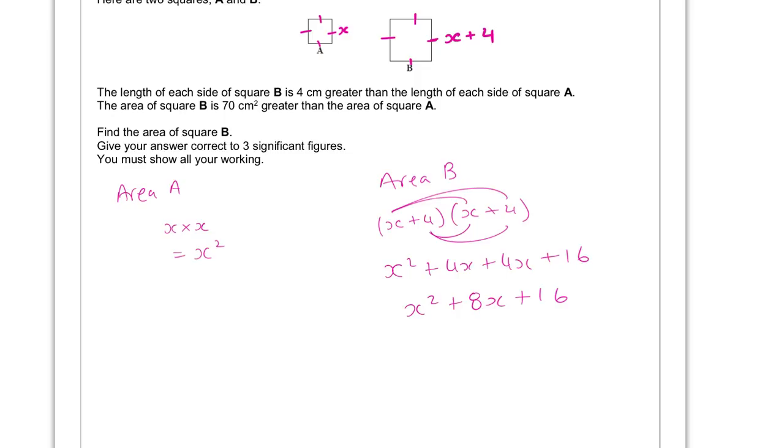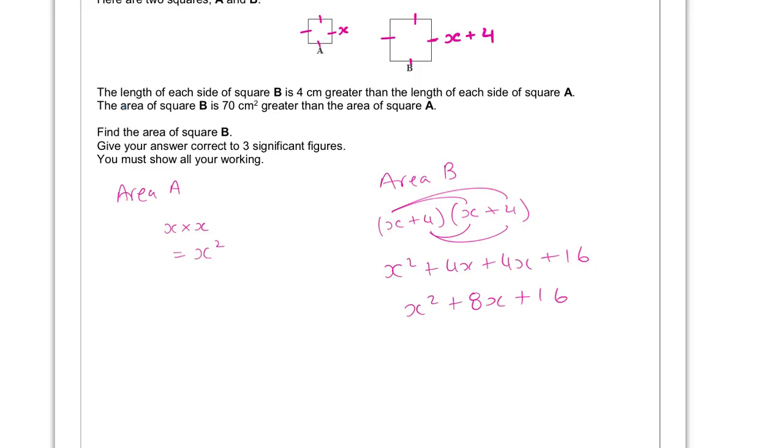Now, this is the part that's interesting, reading the question to understand what is going on. So here we go. We'll read it again. We've worked out the area of each, we know the length of each.